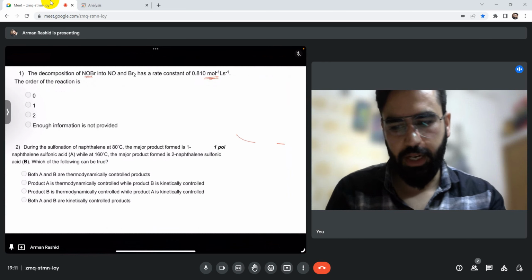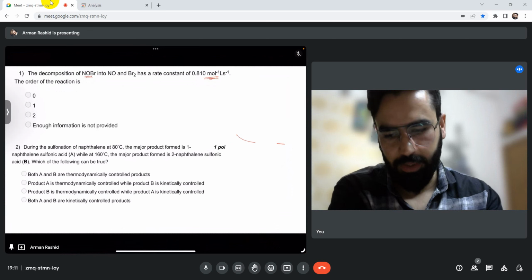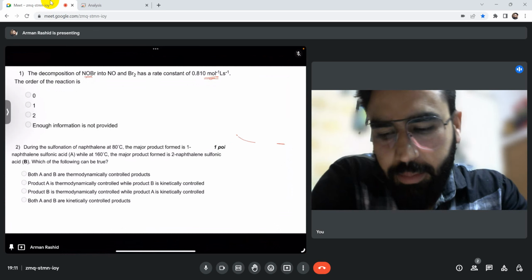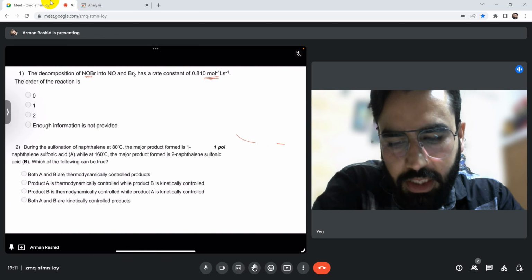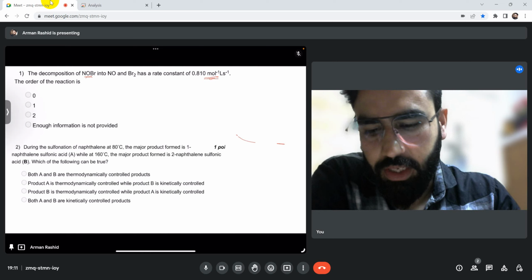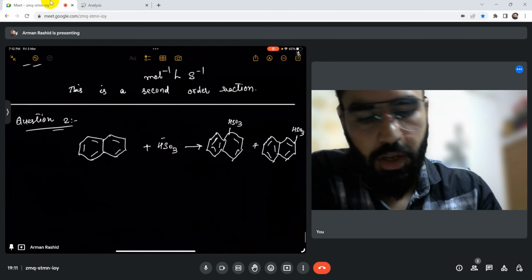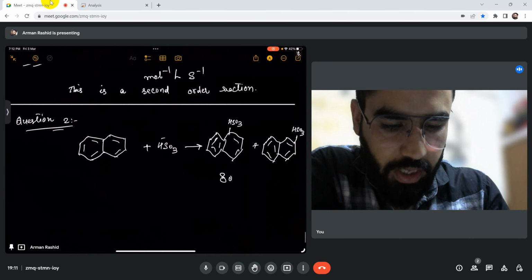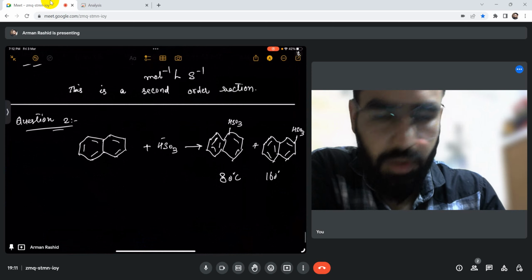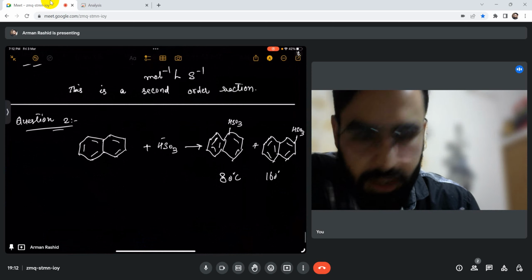So we have 1 naphthalene sulfonic acid and 2 naphthalene sulfonic acid. Now the question is, at 80 degrees 1 naphthalene sulfonic acid is formed, and at 160 the 2 naphthalene sulfonic acid is formed. What is the inference that we can get from it? So this product is formed mostly at 80 degrees, and at 160 degrees this product is formed. Now the answer to this is C.